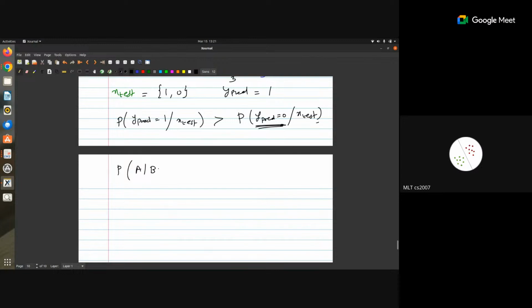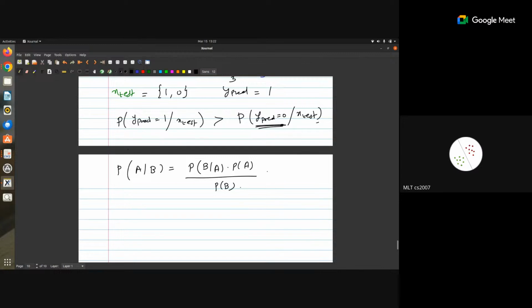Probability of A given B by Bayes rule is probability of B given A into probability of A, divided by probability of B. This is actually the total probability, and generally it is probability of A intersection B divided by that, but we are not diving into the details.